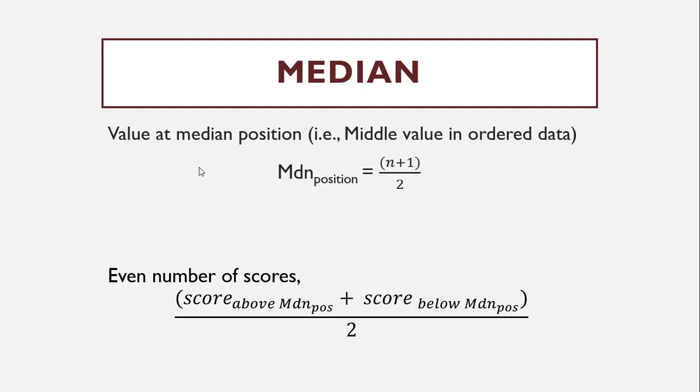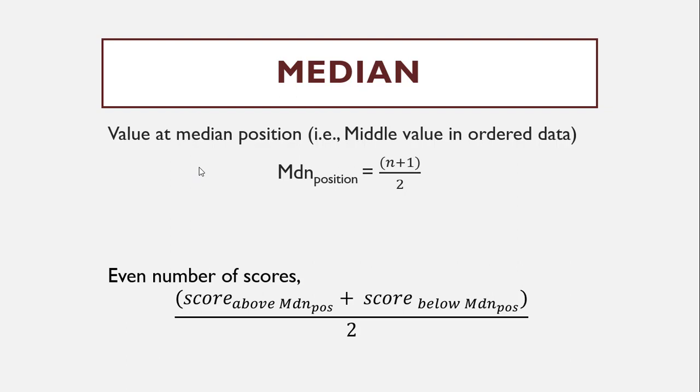The median position is going to be n plus 1 divided by 2. So in a sample, let's say there was 40, we would say 40 plus 1 divided by 2, and that's going to give me 41 divided by 2 is 20.5. Well, that's actually between two numbers. So when we have an even number of scores, what we would actually do is take the score directly above and directly below the median position, add them together, divide by 2.